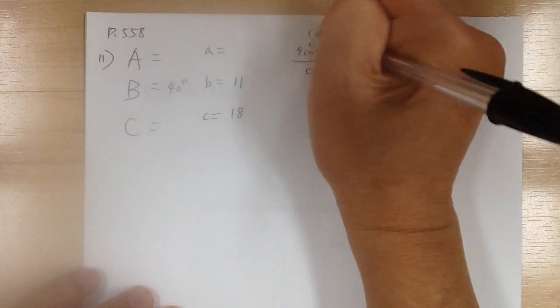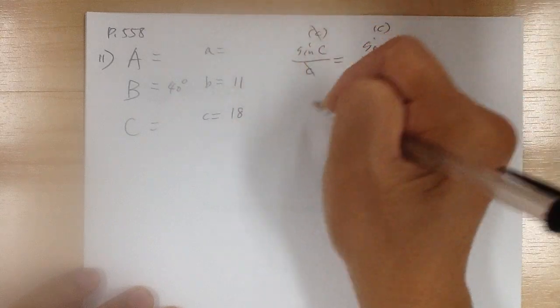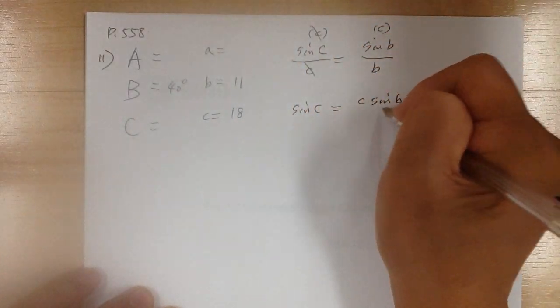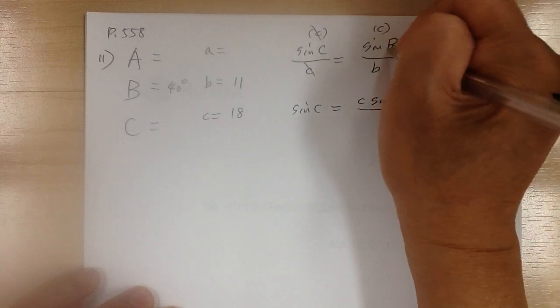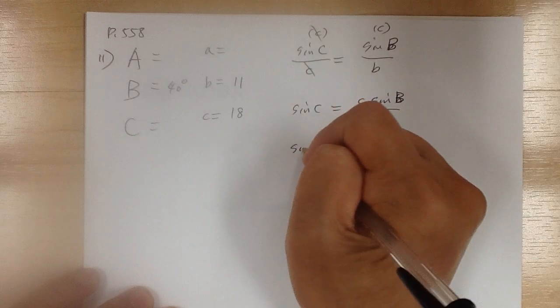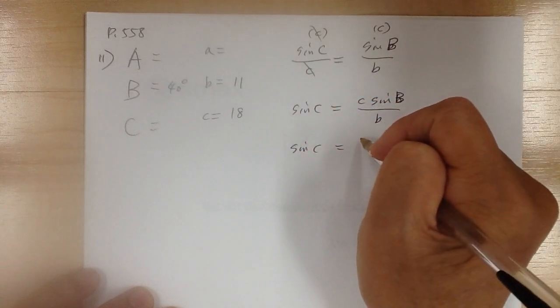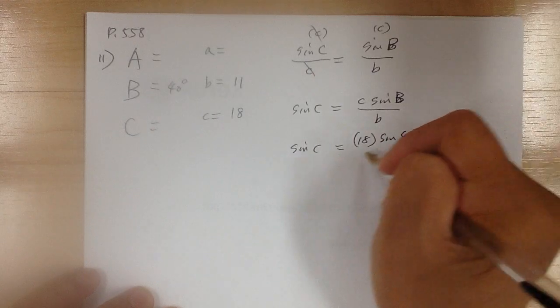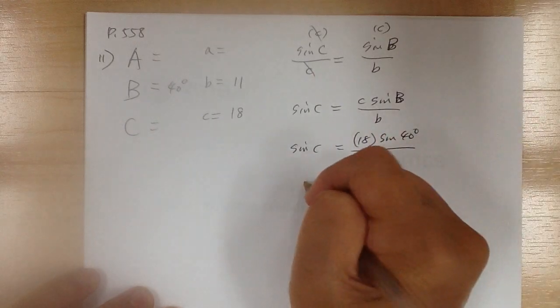Then multiply by c on both sides, so this will cancel out. So sine C equals c sine B over b. Put in your numbers. So c is 18, sine of 40 degrees, over 11.